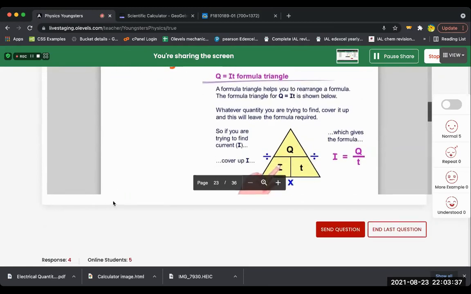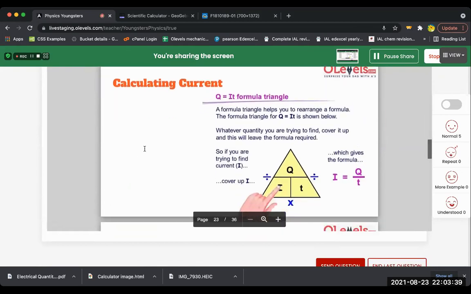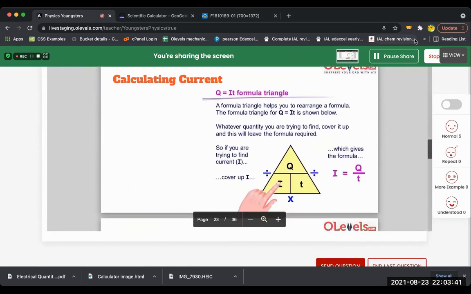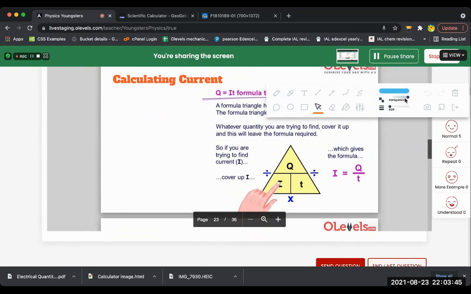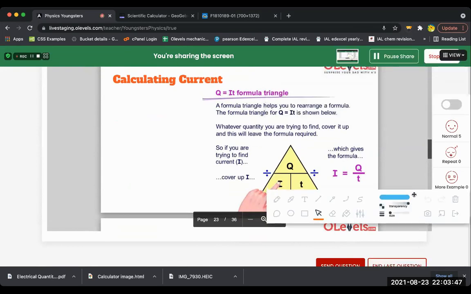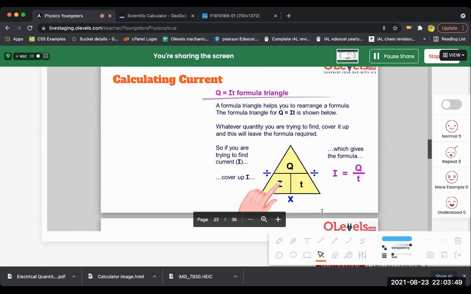This part. So you guys already know the formula. This was our formula: Q is equal to IT, okay?